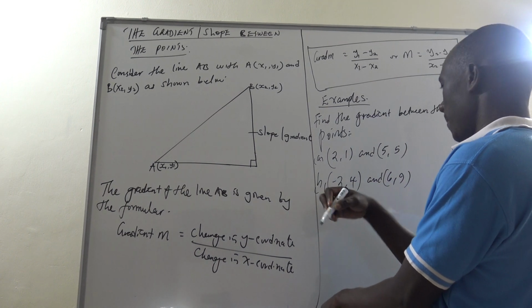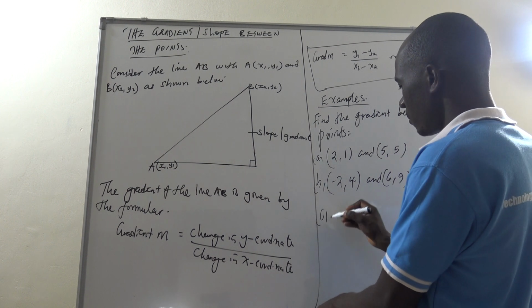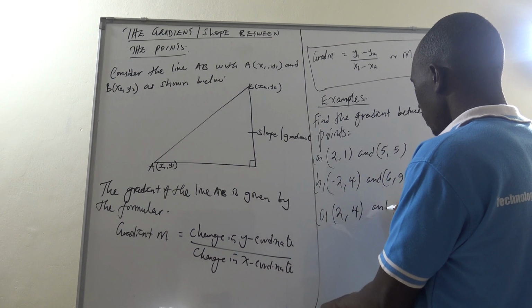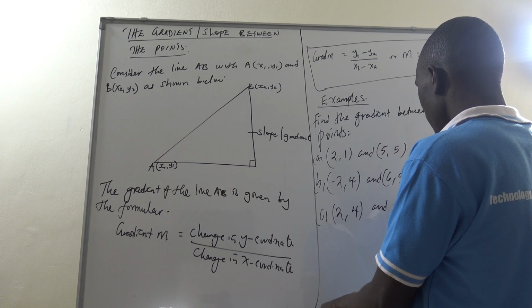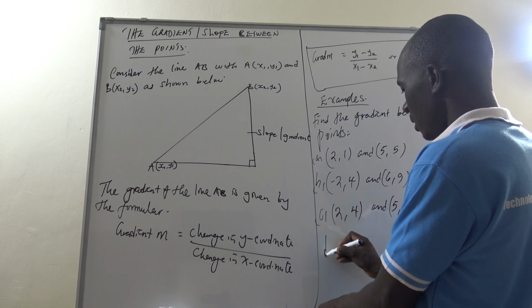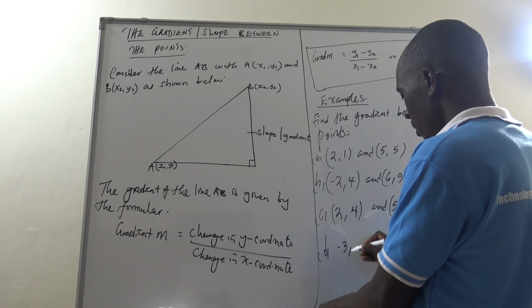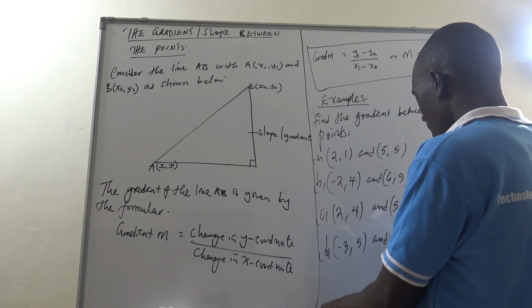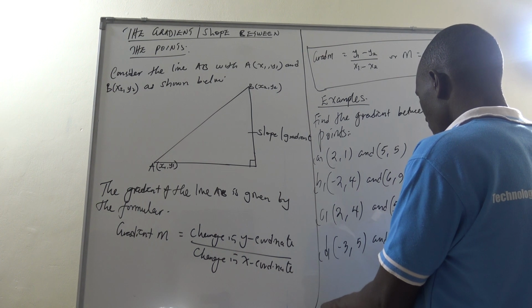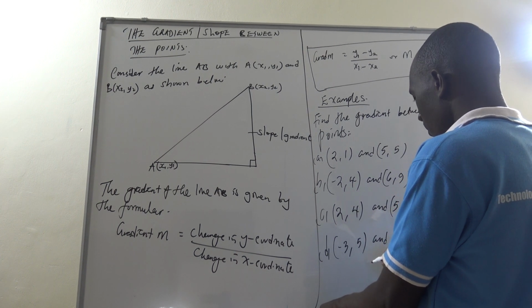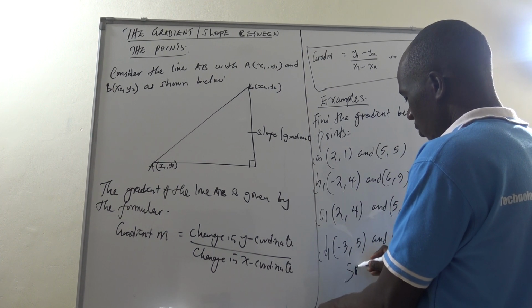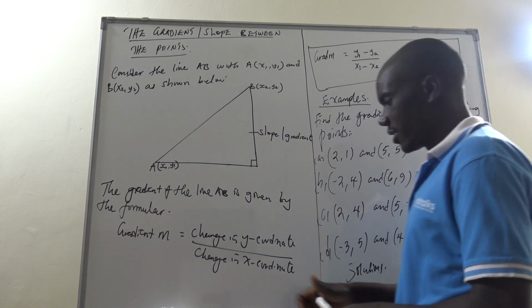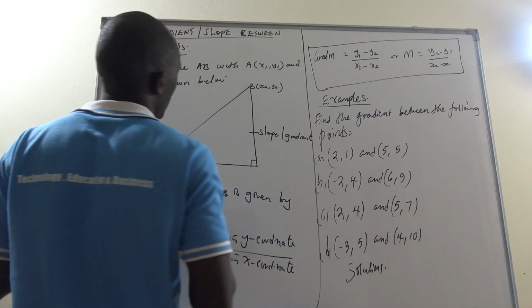Part C: 2, 4 and 5, 7. Part D: -3, 5 and 4, 10. So we are going to look at the solutions to those questions.